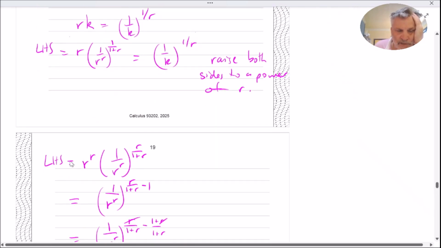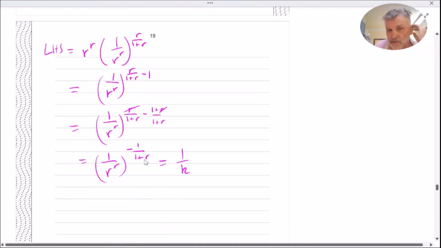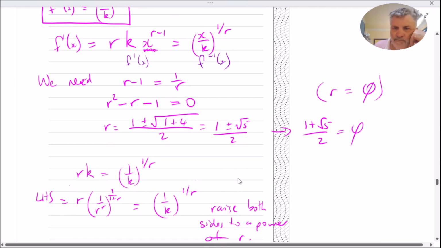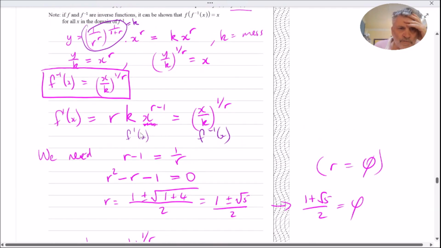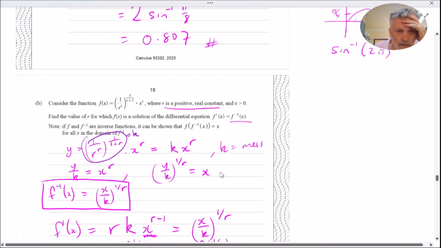The left-hand side raised to the power of r is going to be this. And we do the algebra and you see this is 1 over what we defined as k. And so this is true for all r. And as I said, the only real working you needed to do was identify that you've got the same power of r here, and you get the golden ratio as our value of r.